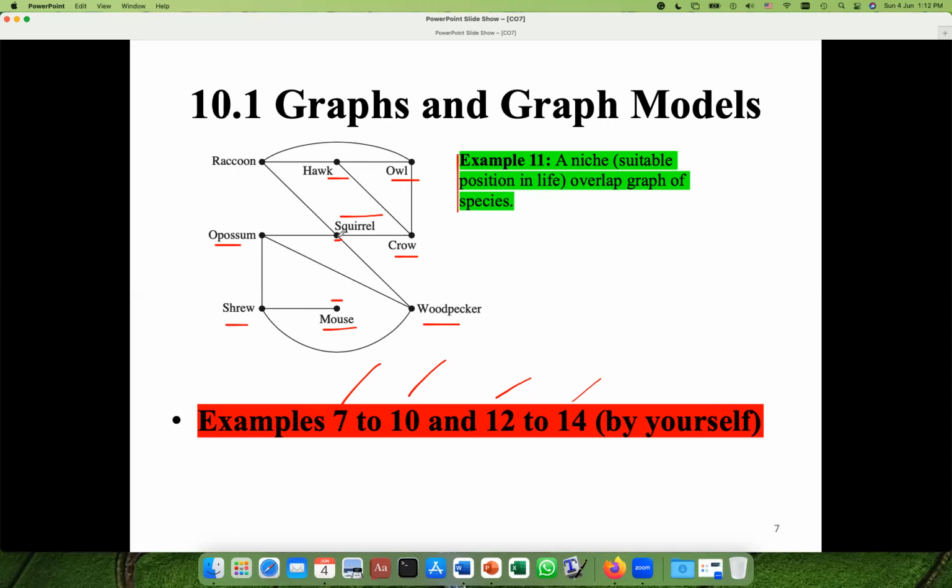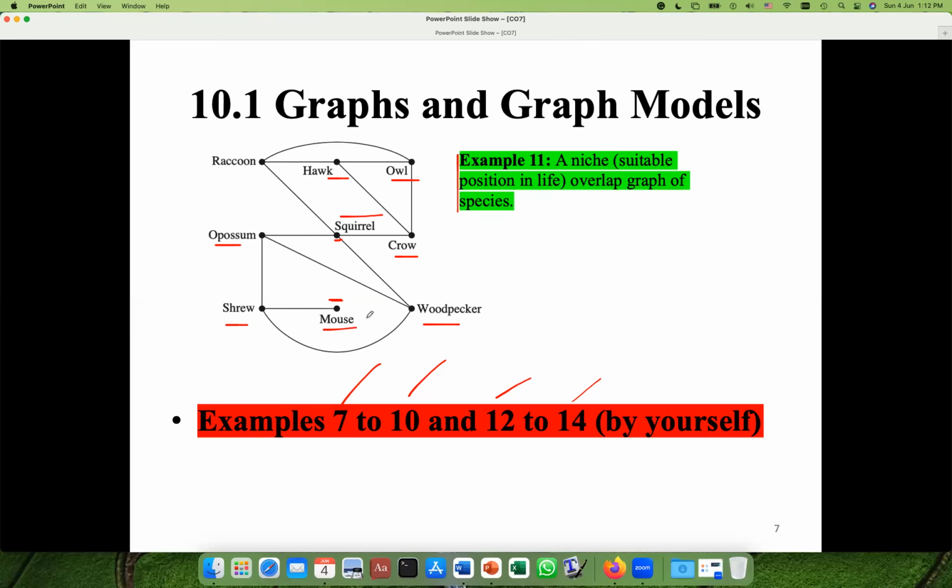And the degree of the squirrel is representing that squirrel is competing with 4 other species for the resources available in the ecosystem: opossum, raccoon, crow, and woodpecker. This is what degree is representing, the answer to the first part. Only mouse is a pendant, and we don't have any isolated vertex.